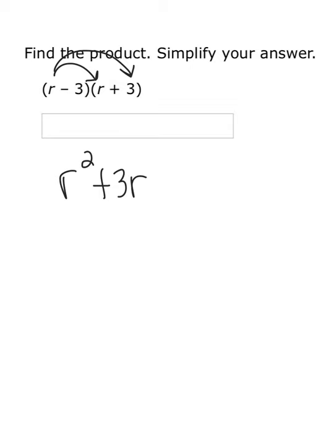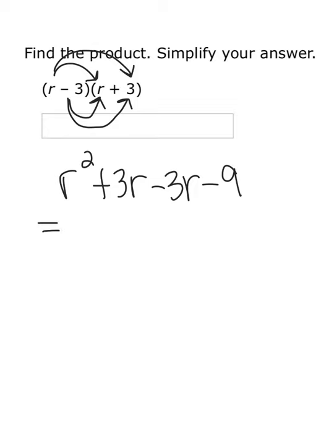Okay, then I'm going to move to negative 3 and multiply everything in the second parentheses by negative 3. So let's start with negative 3 times r. Negative 3 times r would be negative 3r. And then negative 3 times positive 3 would give me negative 9.